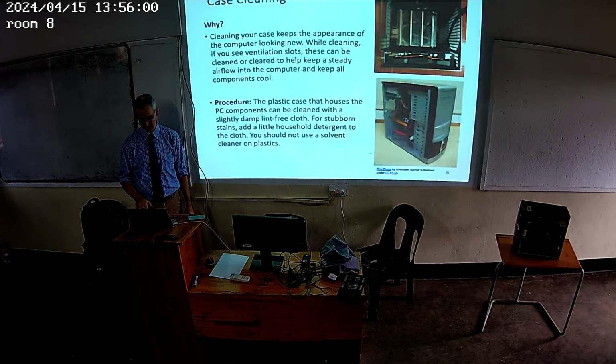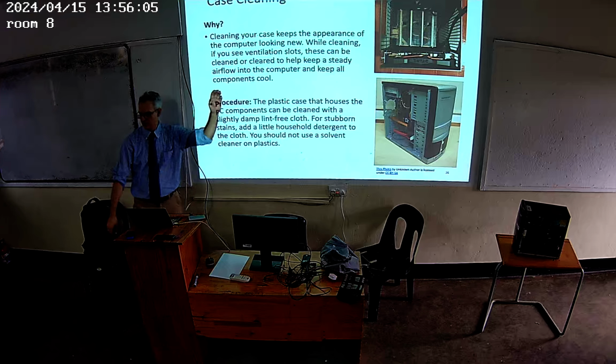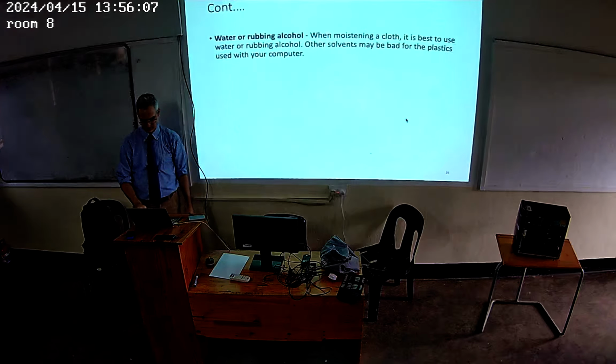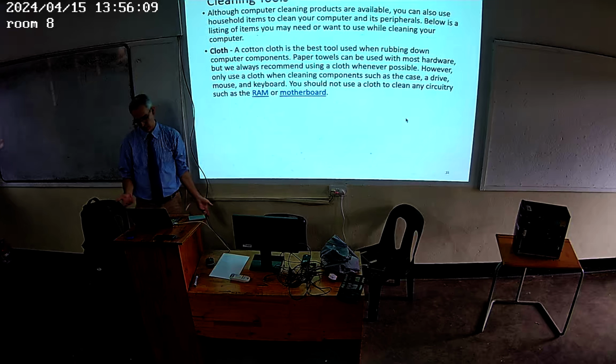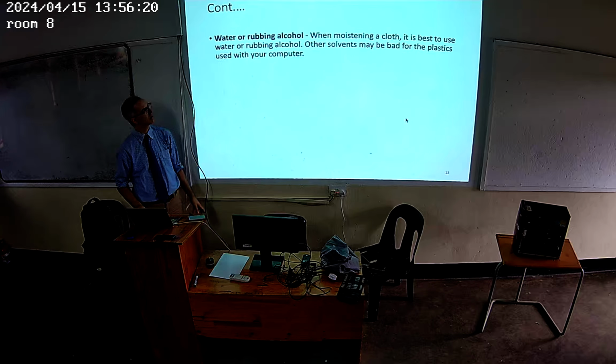Okay. So that's what we can use. That was the tools. So we said we need a cloth, a lint-free cloth, preferably a cotton cloth, water or rubbing alcohol. Rubbing alcohol means like 70%.